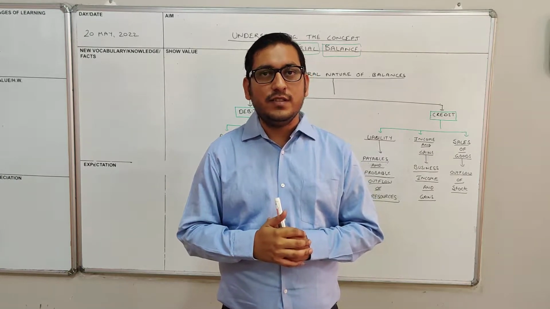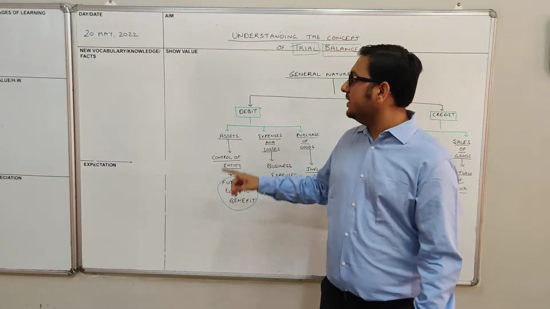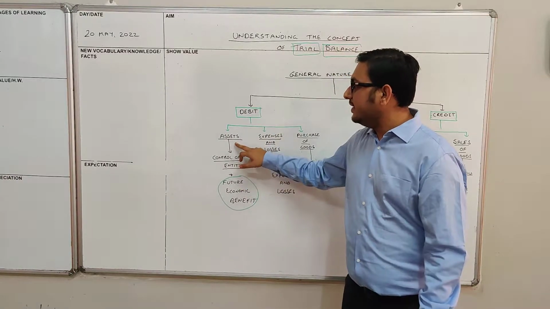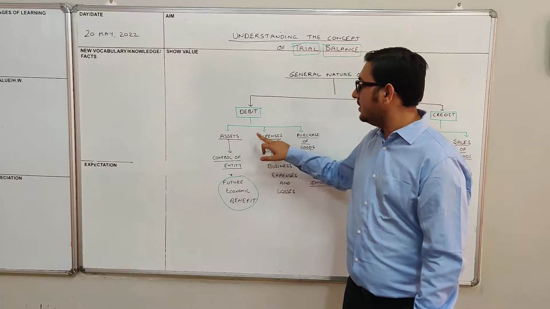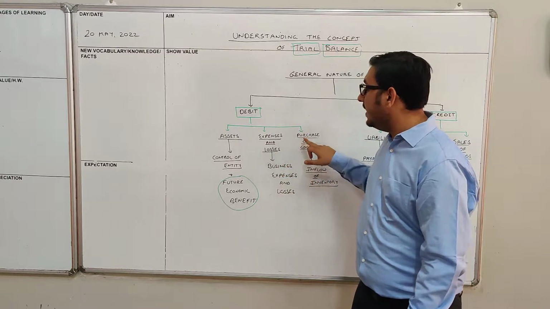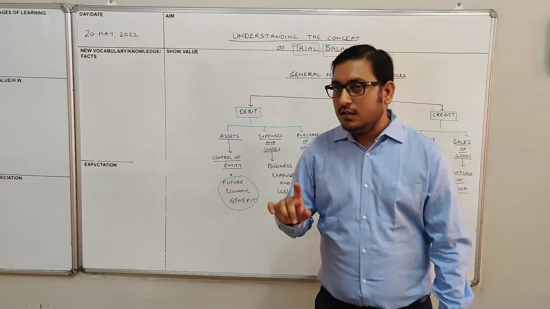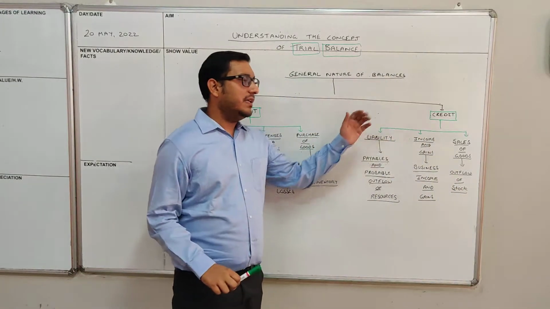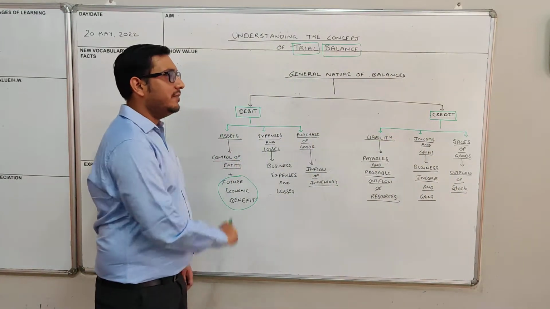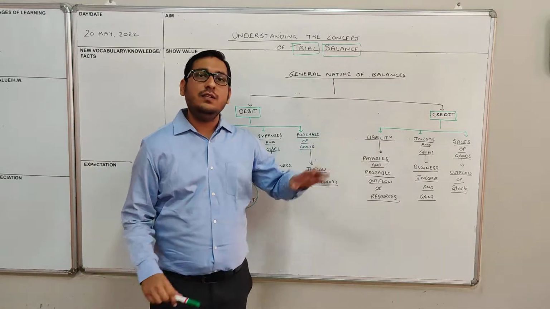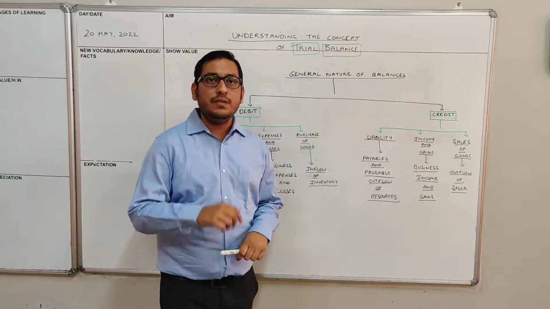So do you understand, students? And again you can see debit balance. There are three general rules: the assets, the expenses and losses, and the purchase of goods will always have a debit balance. Then comes the credit balance. If assets is a debit balance, then liability will have a credit balance. What is liability?